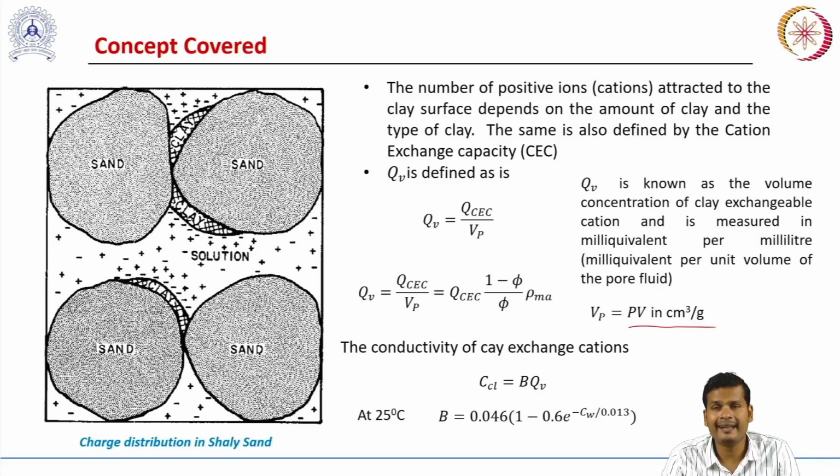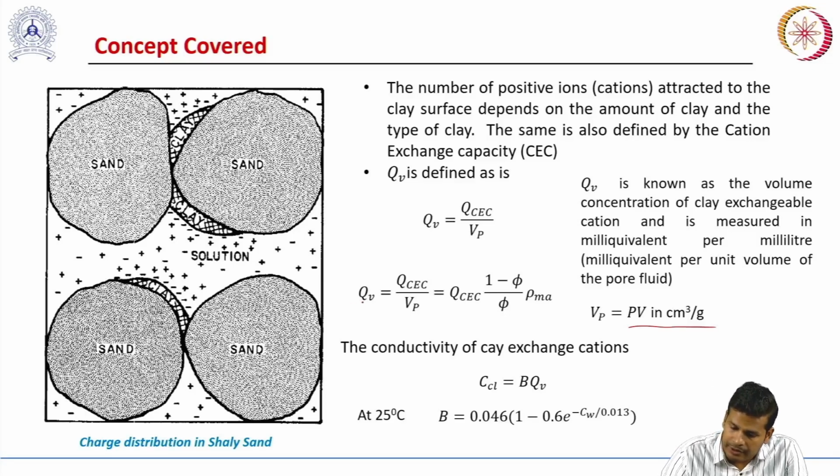Because the cations can only conduct electricity in the presence of water when they are hydrated with water molecules, that's why QV is a better measurement to define our cation exchange capacity. That's why we have defined it as the volume concentration of the clay exchangeable cation per unit pore volume of the pore fluid.